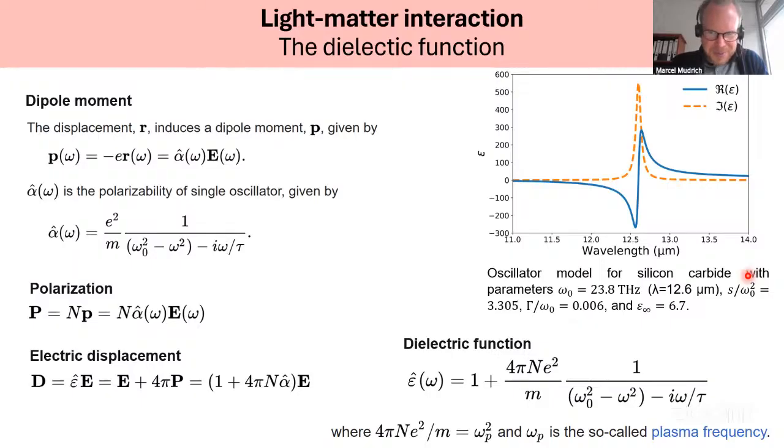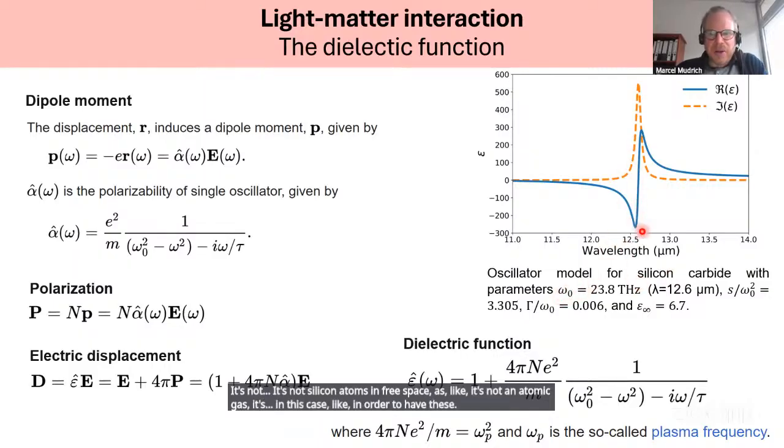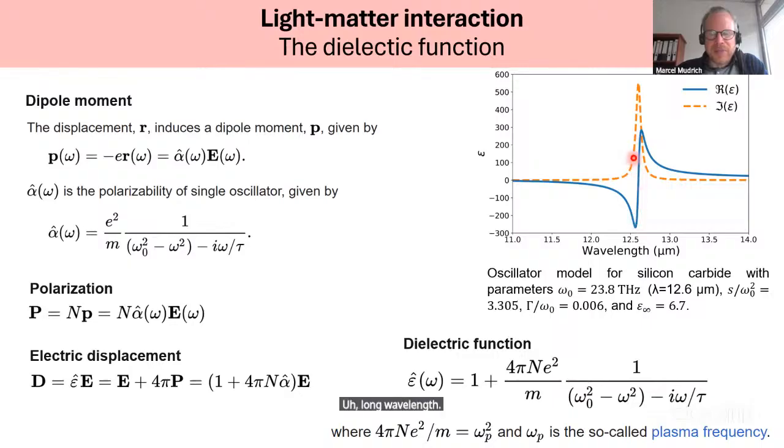It has to be some kind of crystal. It's not silicon atoms in free space, it's not an atomic gas. In order to have these long wavelength slow vibrations, it has to be a crystal. So what degrees of freedom are there in a crystal?